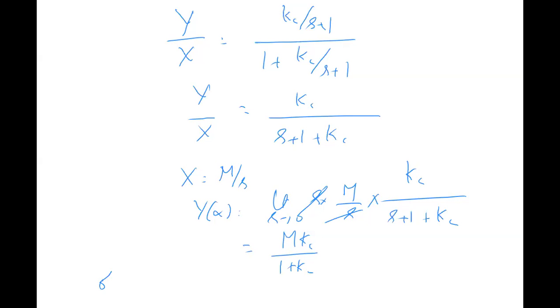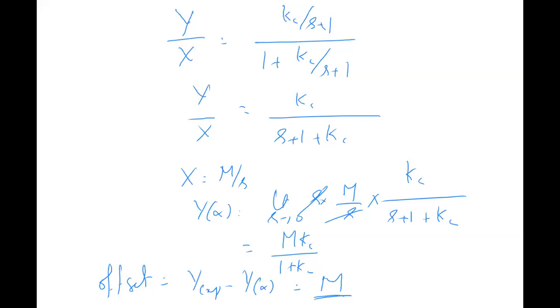Now what is the offset? What is your expectation now? Expectation minus Y infinity. Your expectation is M, because your set point changes by M units, so your response should also change by M units. Don't take it as 1. Let's listen: if you change the set point from 60 to 70, you expect the temperature of the CSTR to go from 60 to 70.